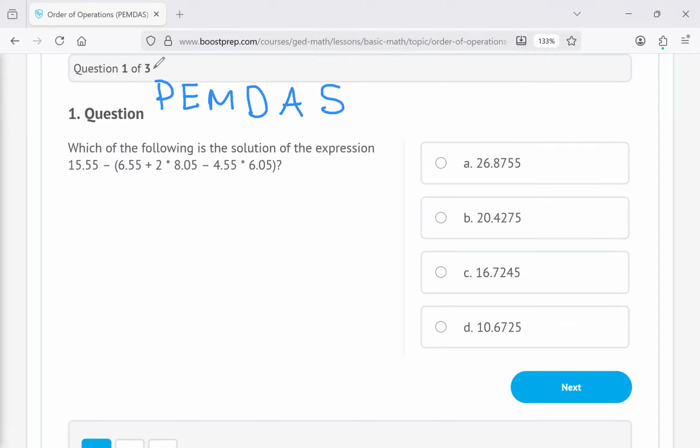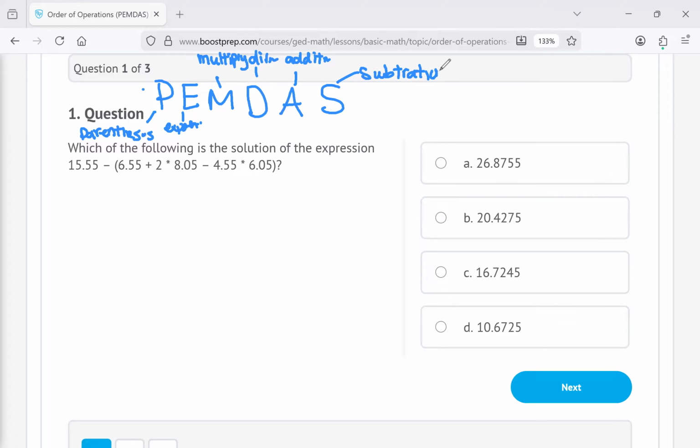P stands for parentheses, E stands for exponents, M stands for multiplication, D stands for division, A stands for addition, and S stands for subtraction.